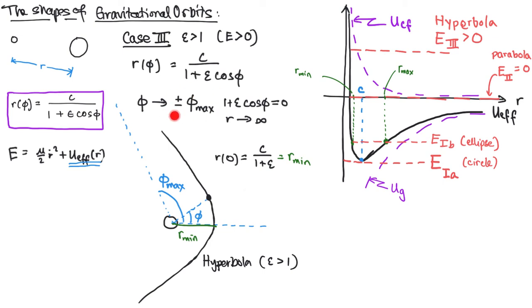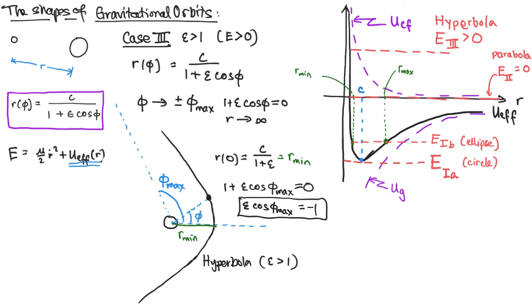These special angles plus or minus phi max correspond to when 1 plus epsilon cosine of phi max is equal to 0, so that the denominator is 0 and r blows up. So you can say epsilon times cosine of phi max is equal to minus 1.